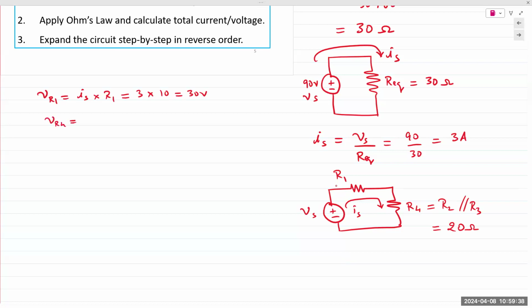And VR4 is IS times R4, which gives me 3 times 20, 60 volts. Apply KVL, 90 minus 30 minus 60 equals 0. My answer is correct. And once I have VR4, I can also calculate I2.